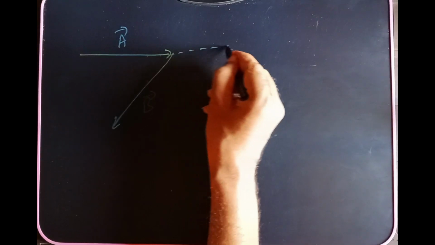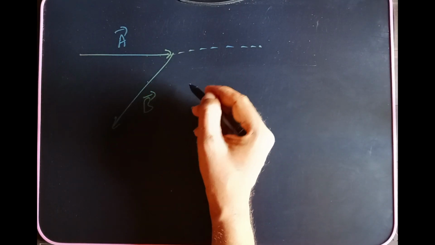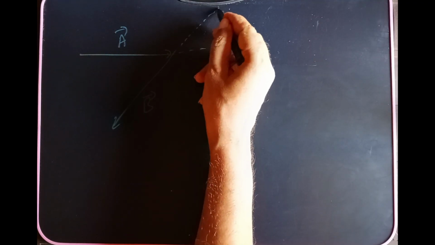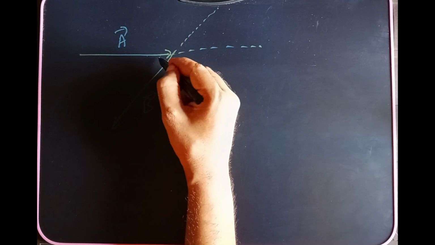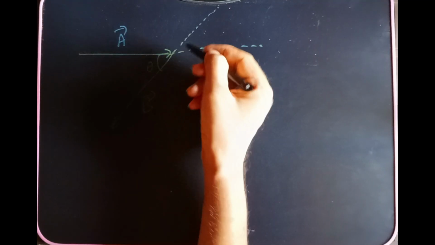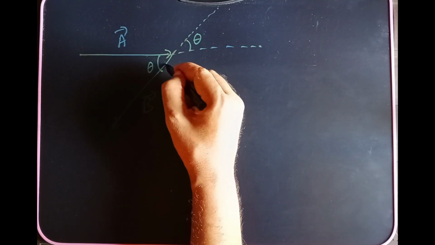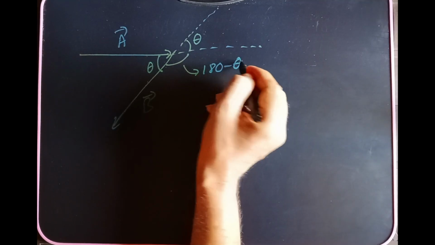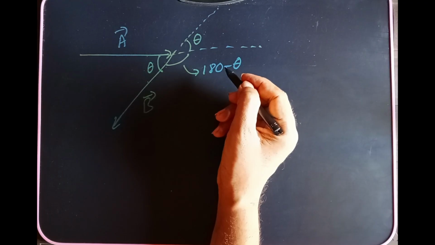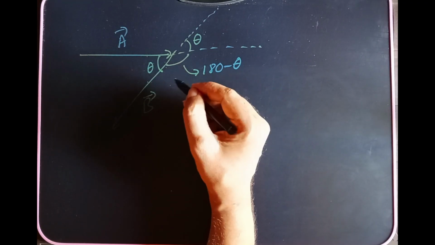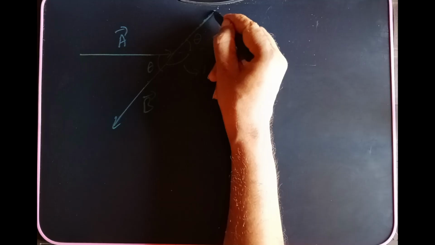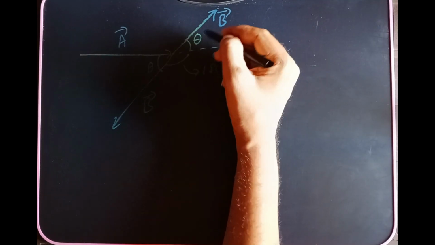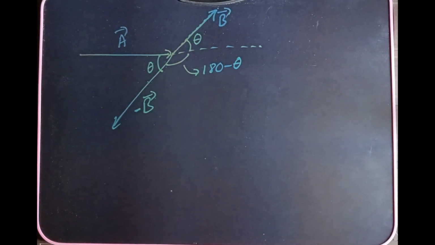Now if I extend this line here, this is a projection from here. This angle will be theta, same as this angle theta, and this angle here will be 180 minus theta. So basically what happened was, this vector which was B on this side got reversed on this side as negative B.